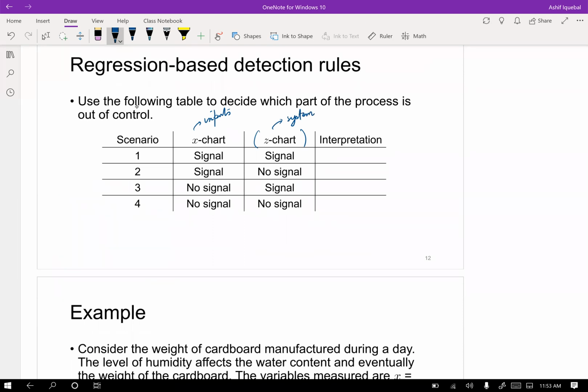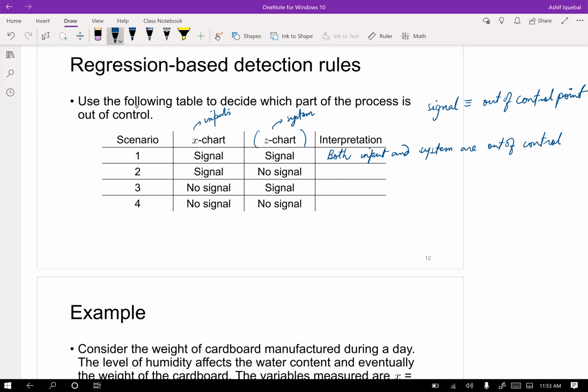Now, when X chart signals, meaning an out of control point, and there's also an out of control point in the Z chart, that means both input and system are out of control, right?